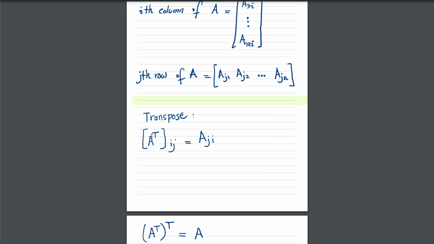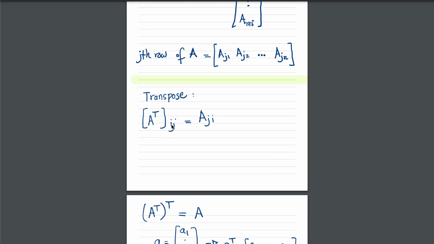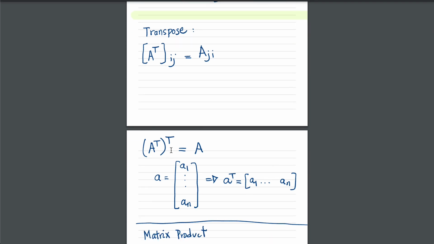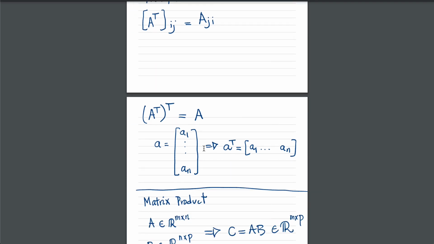So A transpose is a matrix such that the ijth entry of A transpose is the jith entry of A. So the entry that resides in the ith row and the jth column of A transpose resides in the jth row and the ith column of A. The transpose of a transpose is the matrix itself. The transpose of a column vector gives you a row vector.